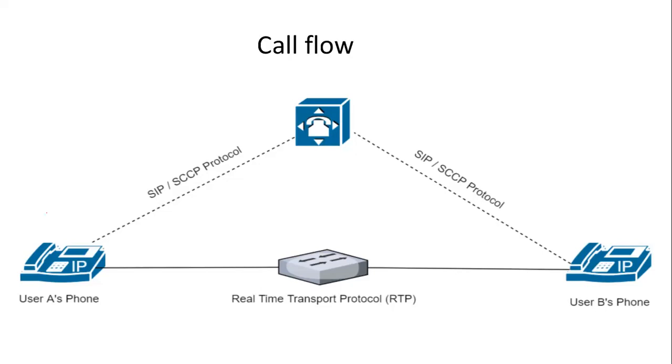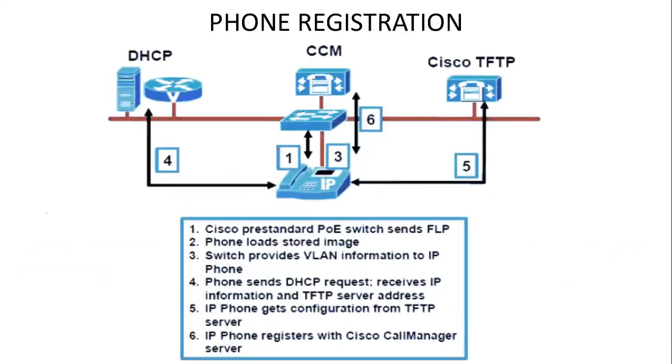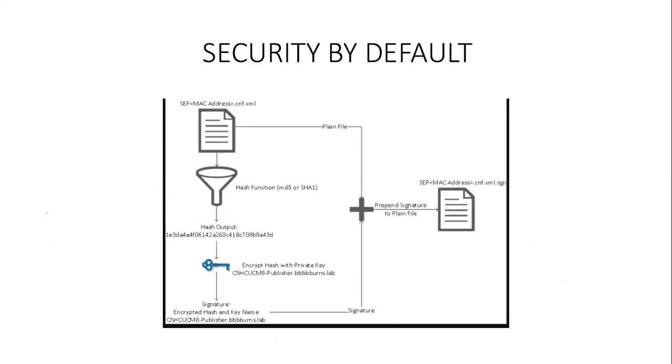So the CTL ITL file concept, does it come in the case where we have SIP phones, or will it come in the SCCP scenario also? It will come in SCCP as well, because the configuration file is always common. It's not a SIP file or an SCCP file.